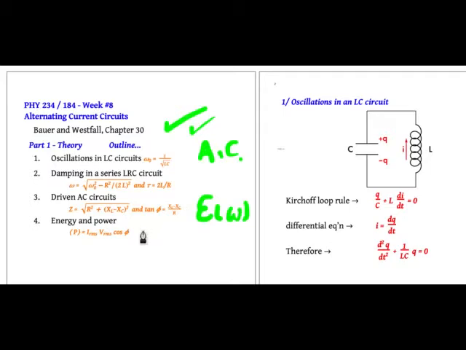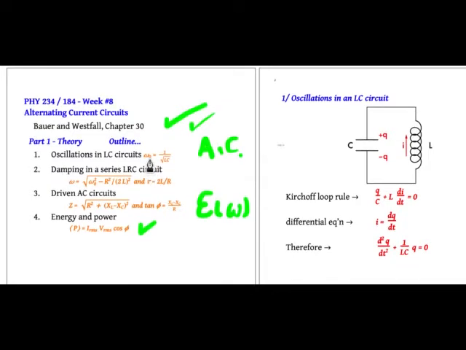And the final part is energy. Points 1, 2, 3 concern the voltage, the current, the charge on the capacitor. Point 4 is concerned with the energy or power in the circuit.